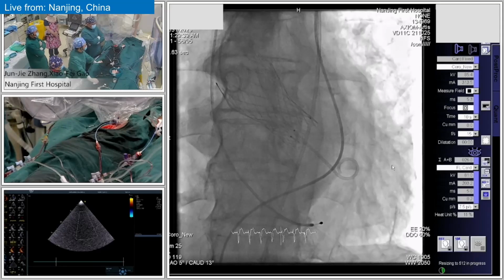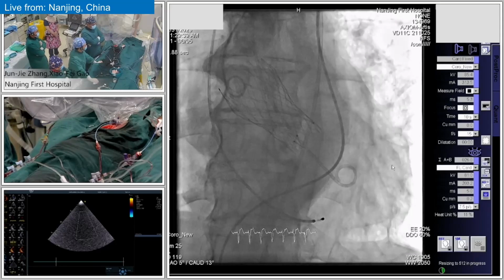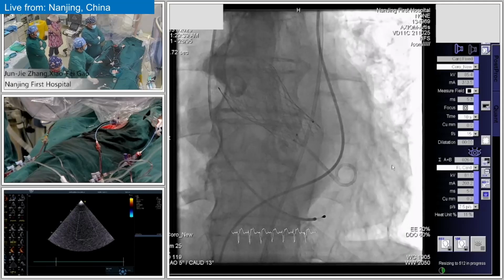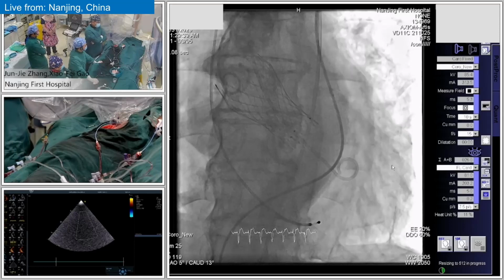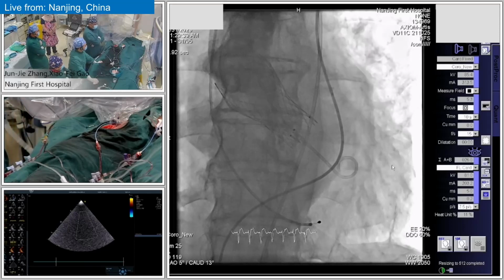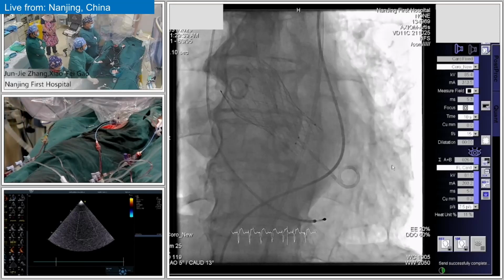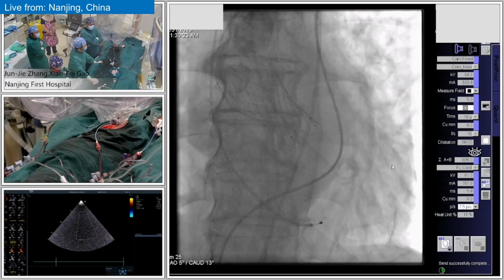If there is a gradient and a high velocity, more than 2 or 2.5 meters per second, especially for a BAV case with severe calcification, I will do the post dilation. Let's go to another view, LAO caudal view.